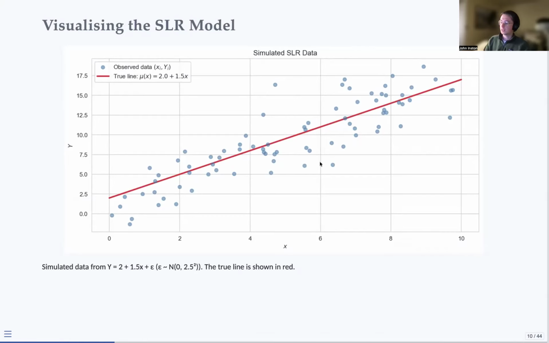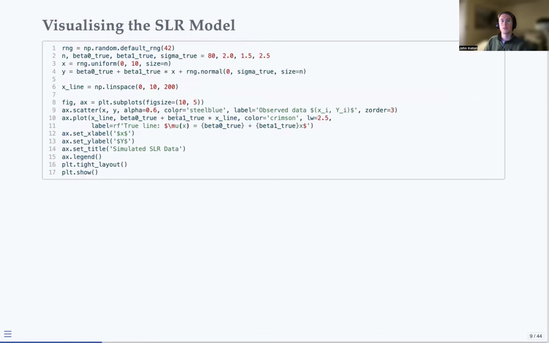So, visualizing the model. I skimmed over this code quickly because this is essentially just applying a linear function to the noise. If I highlight what's happening in the code here, you can see that I specify our parameters on this line, just specifying some intercept beta 0, some slope beta 1, and I'm generating x values uniformly on the interval 0 to 10.